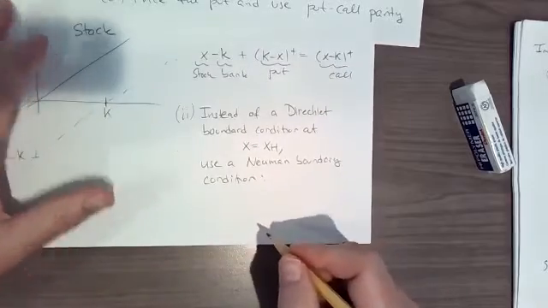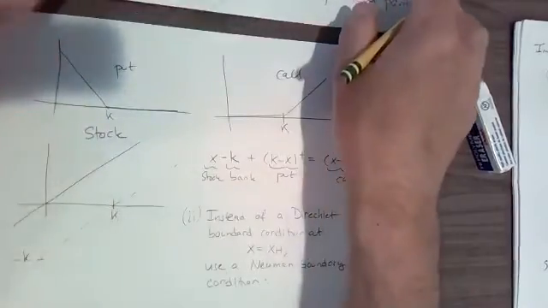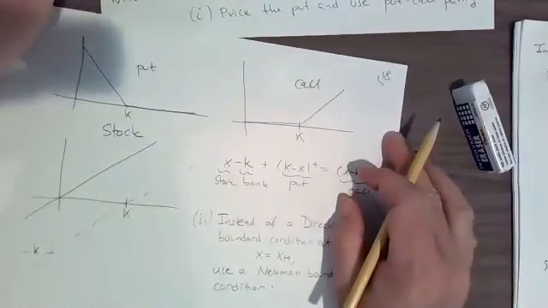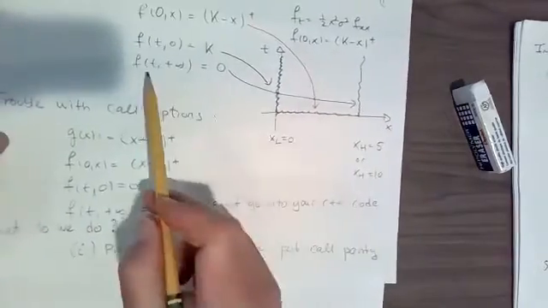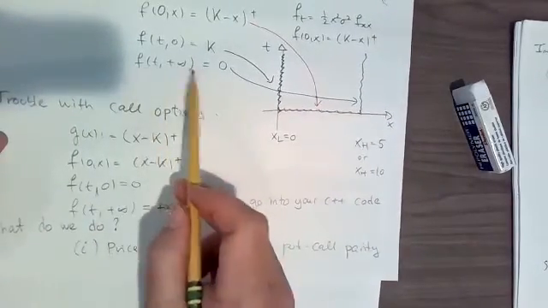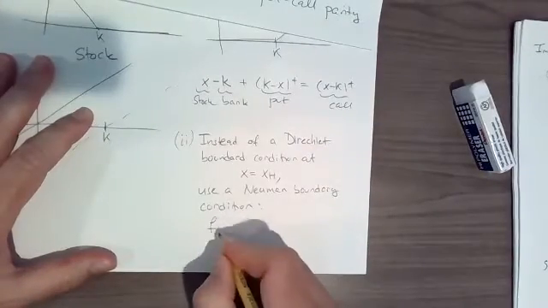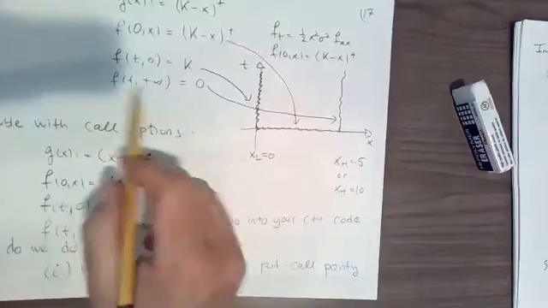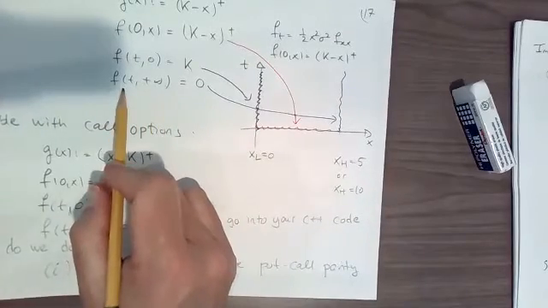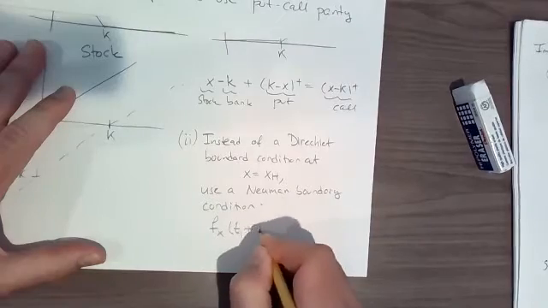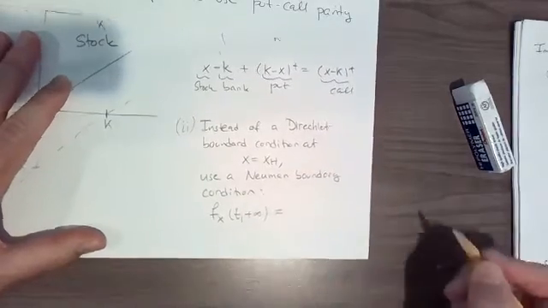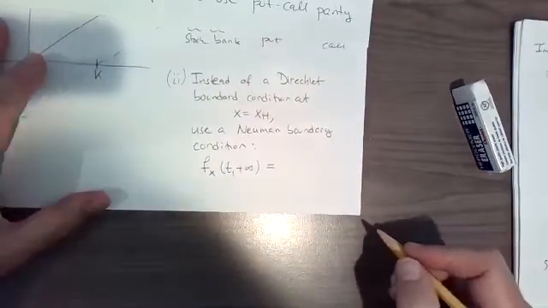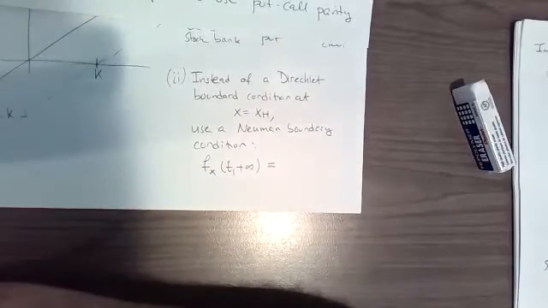So what that says is that when you're out here on the right, instead of prescribing that behavior, what you prescribe is a derivative. So f_x, instead of prescribing the value, you prescribe the value of the derivative. So f_x(t) at infinity, and any guesses on what this one here should be?